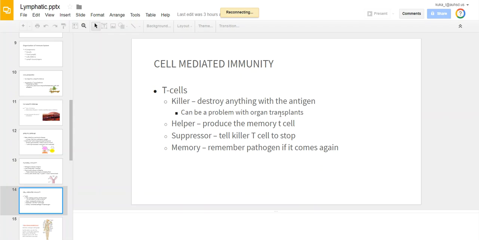When people have to get a transplant, there's something called rejection. Each of our own cells has little receptors on them. They're almost like name tags that make it your cell. Mine all say kuka, kuka, kuka, just name tags all over. So when another cell comes in and it doesn't have that kuka name tag, my body knows it doesn't belong there. With an organ transplant, they have to suppress the immune system so that these killer T cells aren't doing their job.